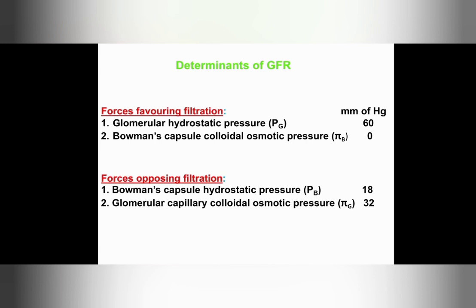Now the question is whether any colloidal substances are present in the Bowman's capsule. No, because the plasma proteins, which are colloidal in nature, because of their bigger molecular size and shape, are not filtered out by the glomerular filter. So as no proteins are present inside the Bowman's capsule, this Bowman's capsule colloidal osmotic pressure is always zero.